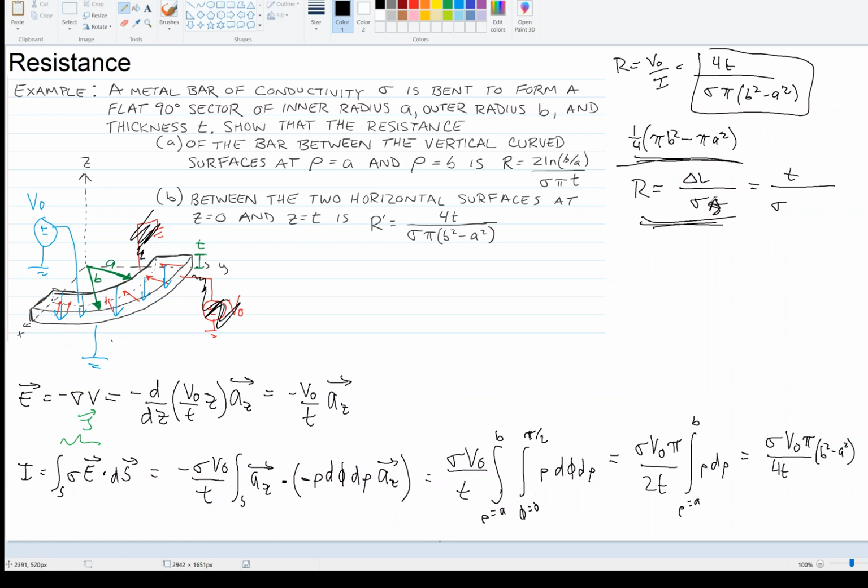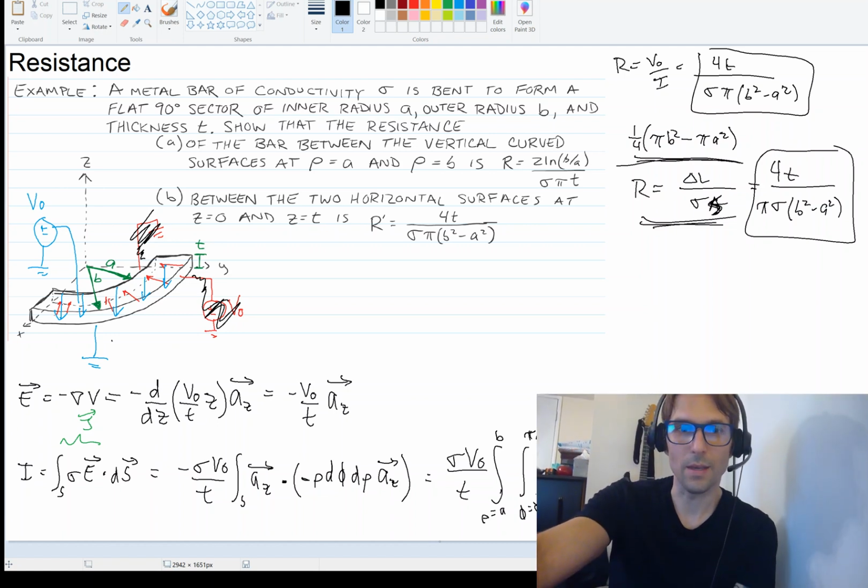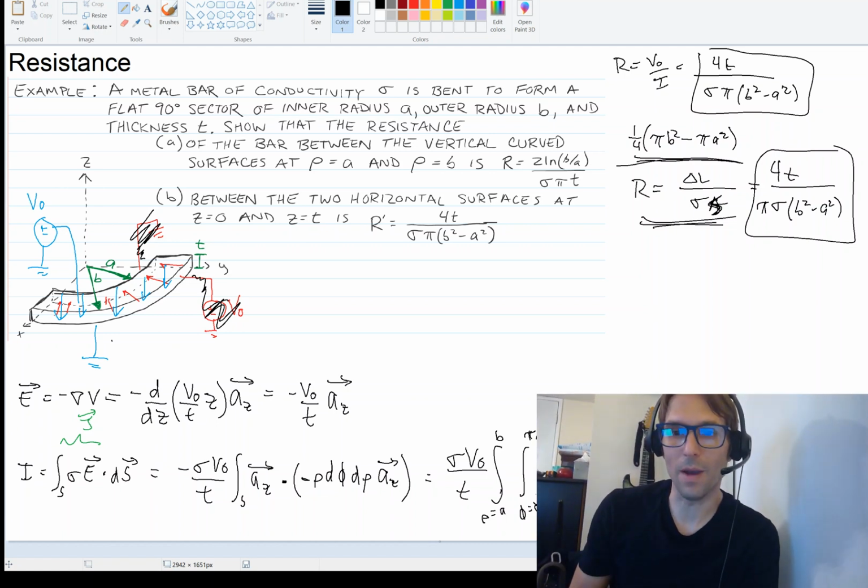I guess we used S here. The area is this thing. So when I divide by that, the 4 comes on top, and we're left with, I can factor out a pi times b squared minus a squared, and so I get the same answer. Nice. Okay, so that shows you how we can calculate the resistance of non-uniform objects.